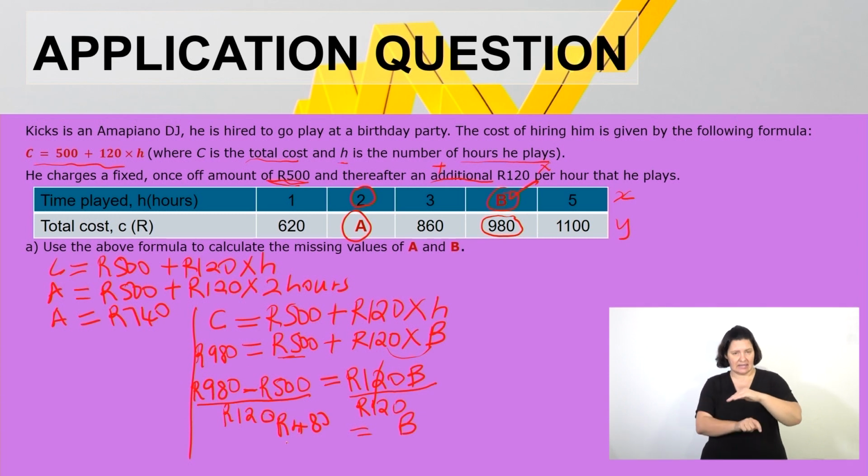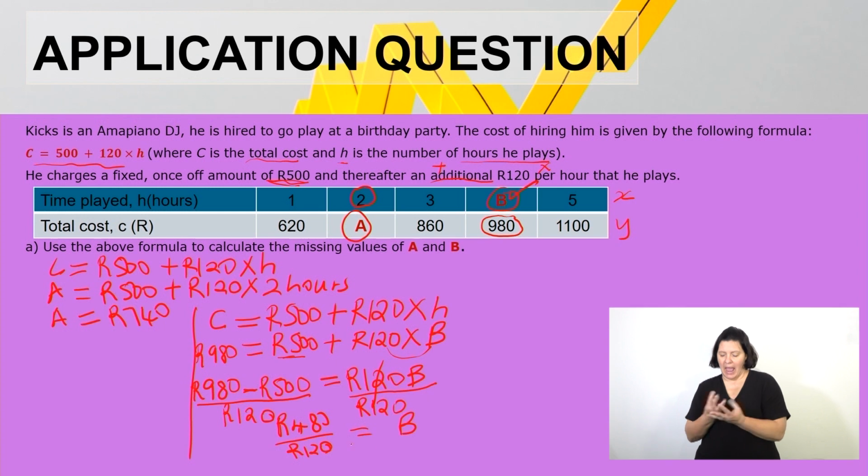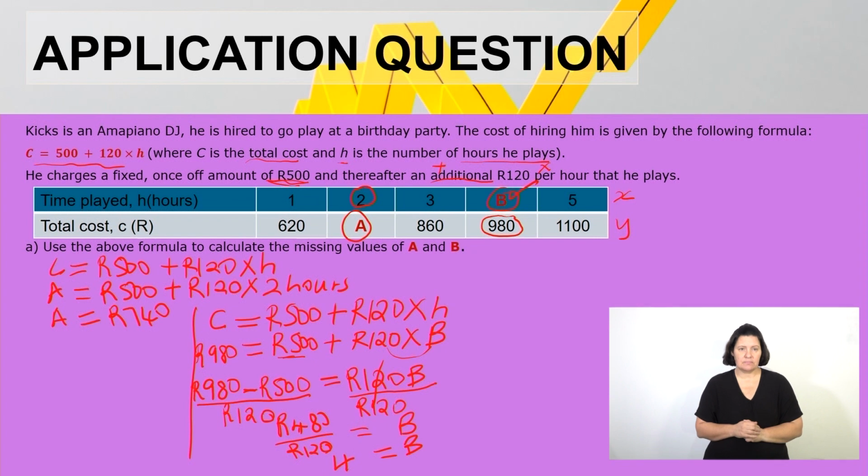And then we divide that by 120 because we are looking for B, which is number of hours. So 480 divided by 120 is 4 hours. Let me include H so that you can see here we were calculating hours.